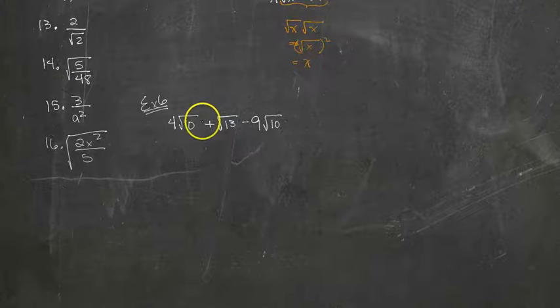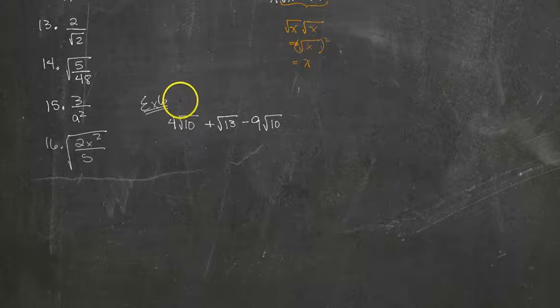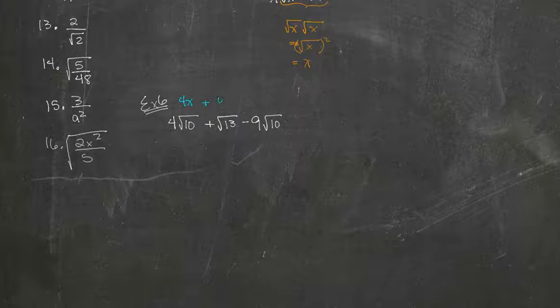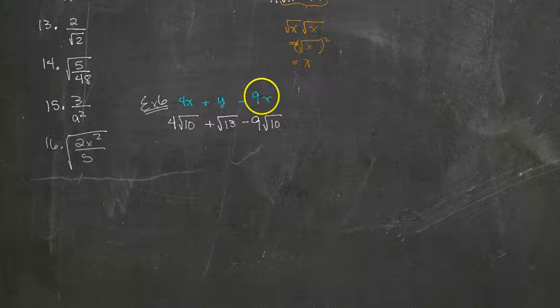Think of this as you're working and developing the skill. Think of them in terms of 4x. So let's call root 10 x, plus y, because root 13 is not the same as root 10, so I'd use a different variable, minus 9x.